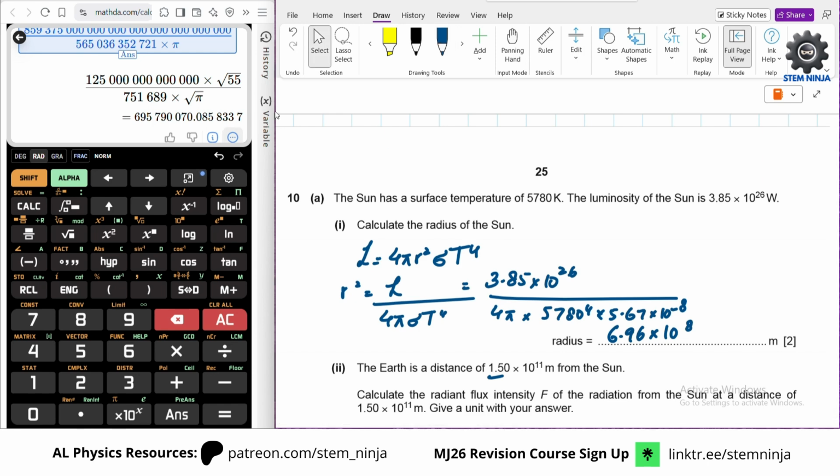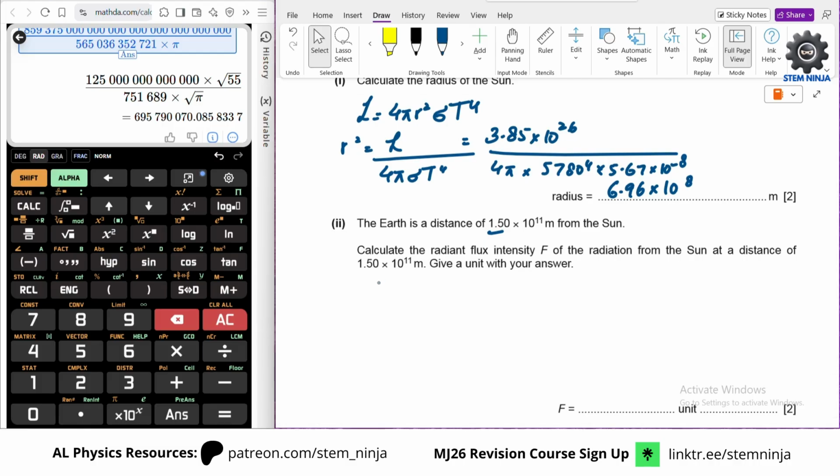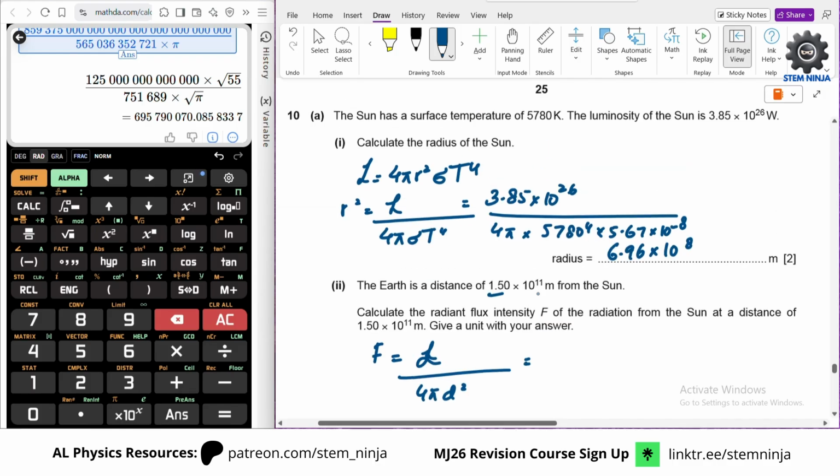Right. The Earth is at a distance of 1.5 times 10 raised to power 11 meters from the Sun. Calculate the radiant flux intensity F of the radiation from the Sun at this distance. Okay. So we know the radiant flux intensity formula, luminosity over 4 pi d squared. Luminosity is 3.85 times 10 raised to power 26 divided by 4 pi.